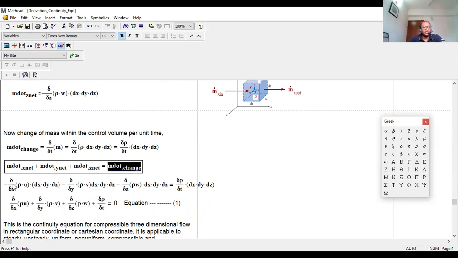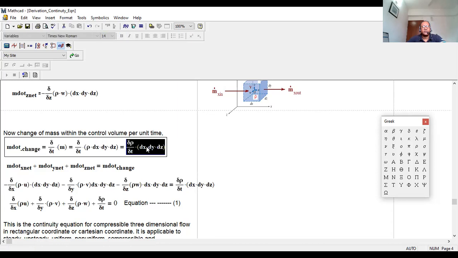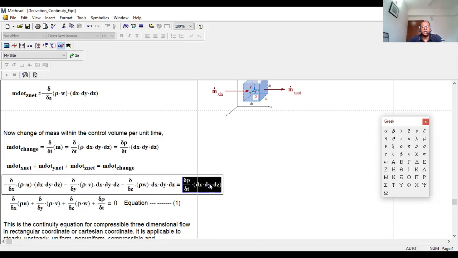Now, this one we already figured out, minus this term. That means mass deposited into the control volume due to the velocity component u, this one due to the velocity component v, and this one due to the velocity component w, equal to the rate of change of mass right over here.